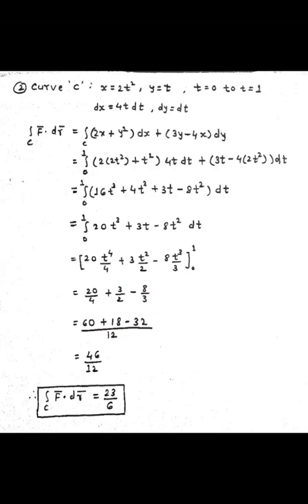Simplifying it, we obtain 46 by 12. You can write this in simple form as 23 by 6. So student, this is the value of the line integral along the parametric curve C.